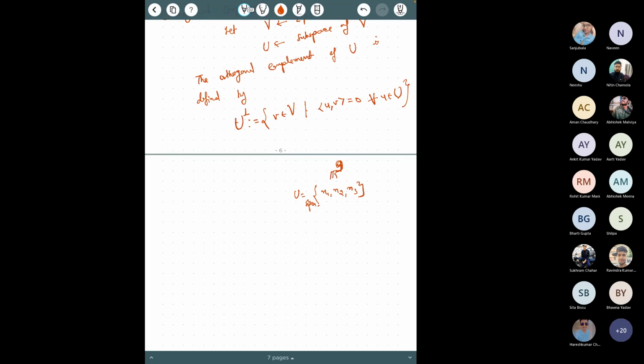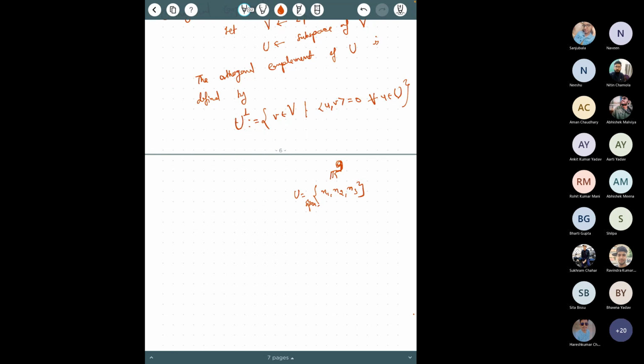Now can you guess what would be the orthogonal complement of U? Just some idea. Except these three vectors from the basis of U, every vector is in the orthogonal complement.